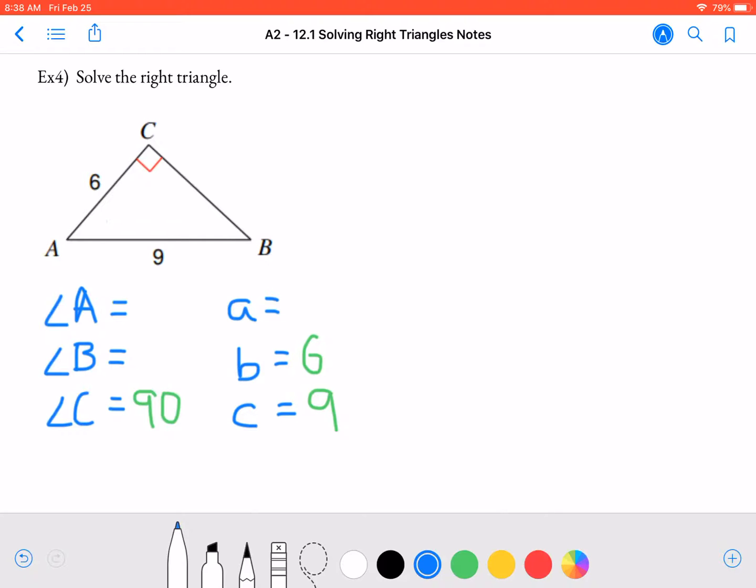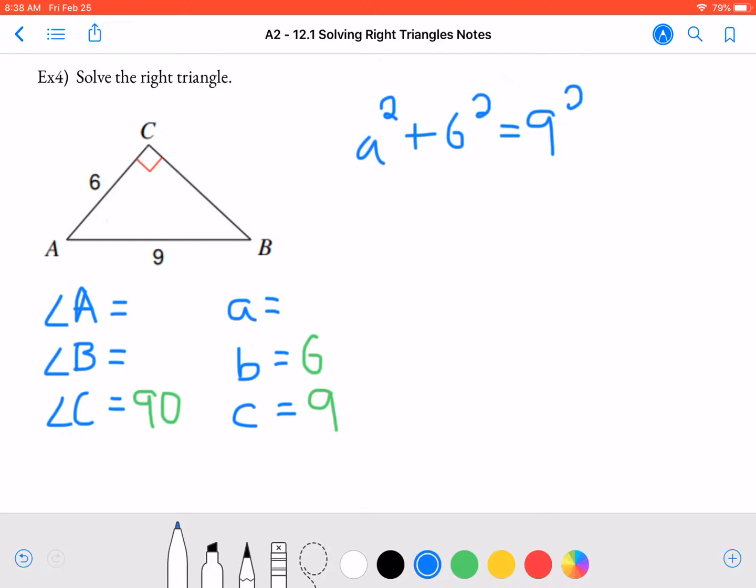The 9 is the hypotenuse, so that has to be the C in the Pythagorean theorem. 6 squared plus A squared. I guess I should do this the right way, shouldn't I? Technically it doesn't matter, but we'll try to be more accurate here. I'm finding A, so A squared plus 6 squared equals 9 squared.